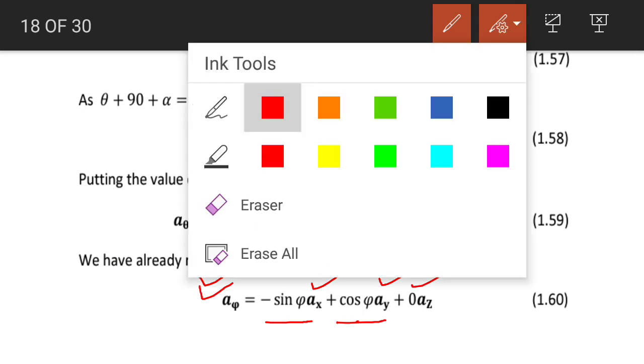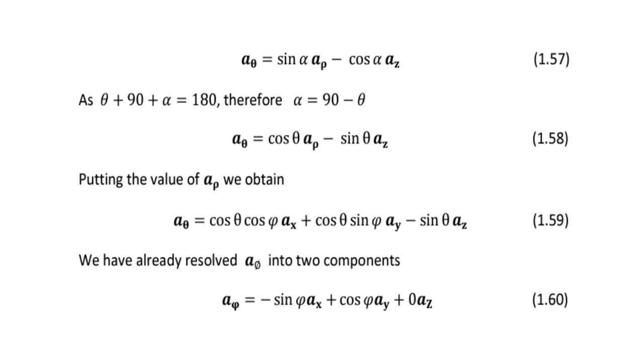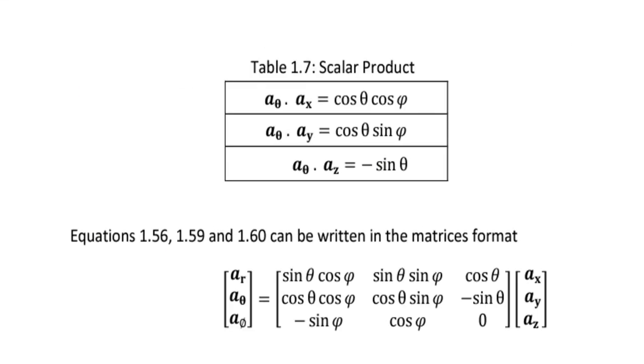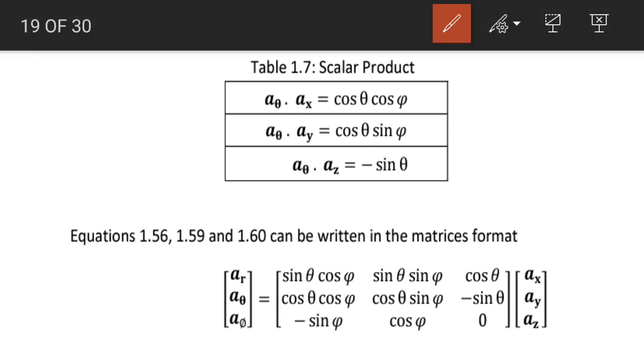So we can develop the table for the scalar product of these unit vectors as well. A theta dot ax is cos theta cos phi.